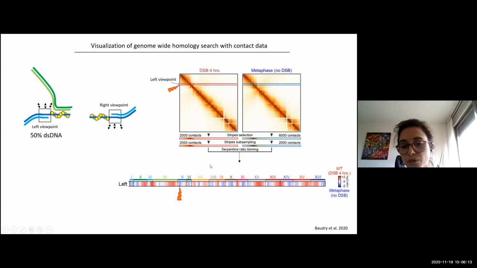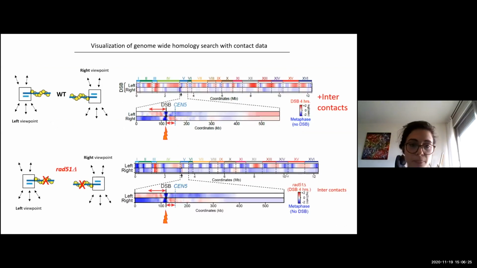In red, you observe the contacts that are preferentially made 4 hours after the double-strand break with all the chromosomes. And in blue, the contacts that are preferentially observed in a non-damaged metaphase. So based on the increase of the red signal, you can see that the flanking regions of the break are more contacting the inter-chromosomal sequences 4 hours after double-strand break induction.